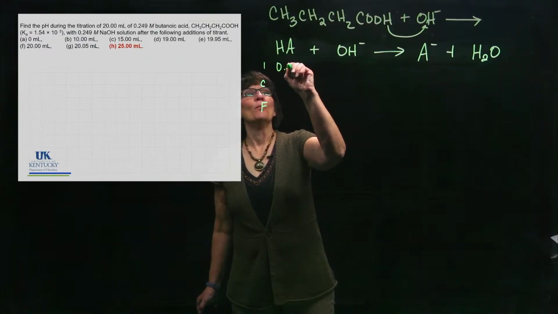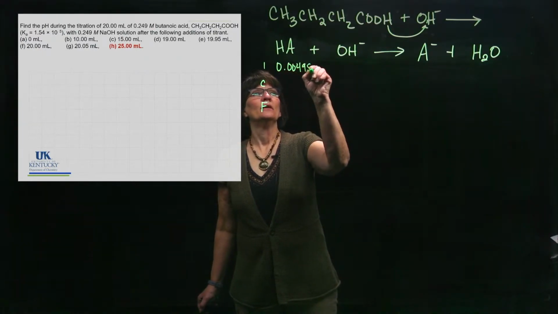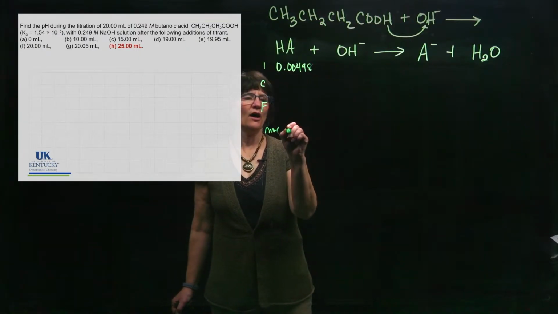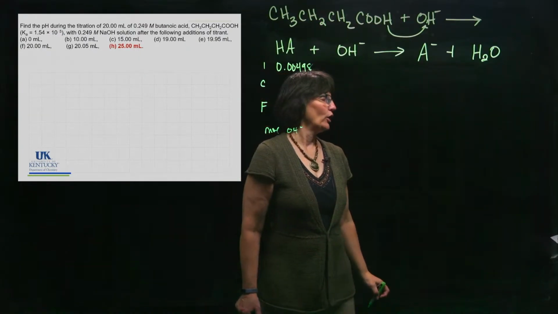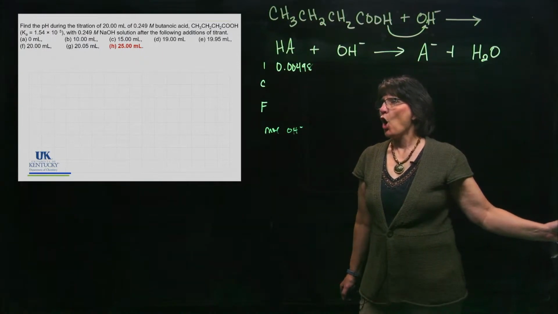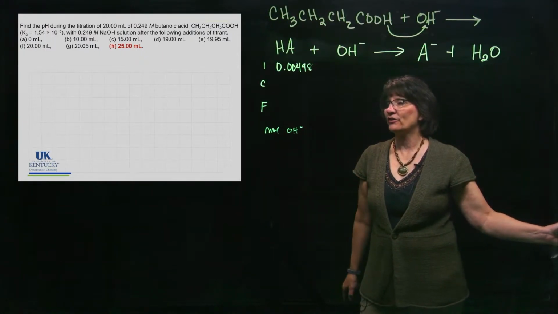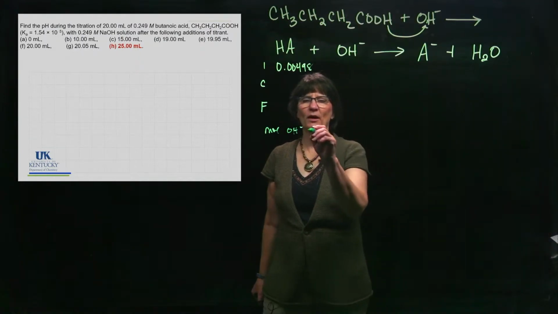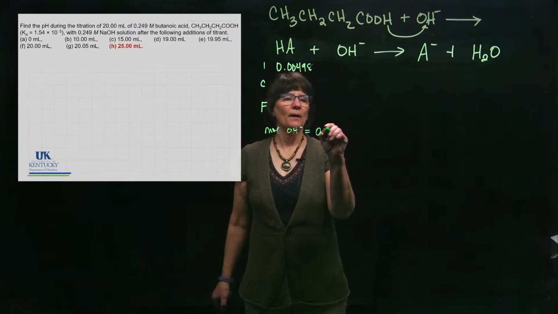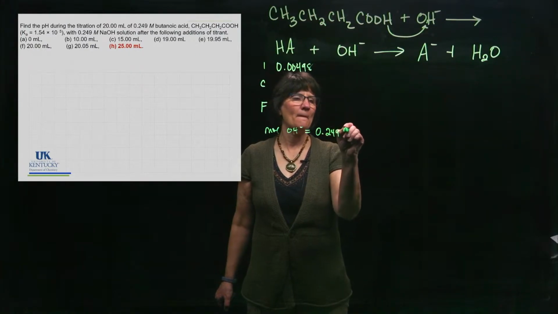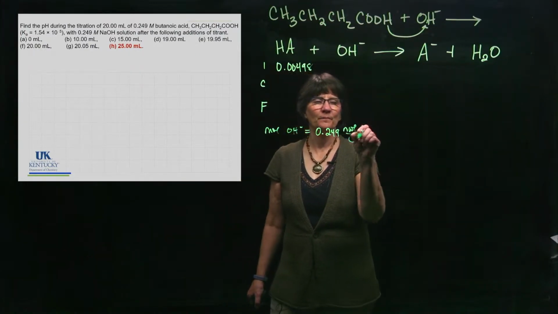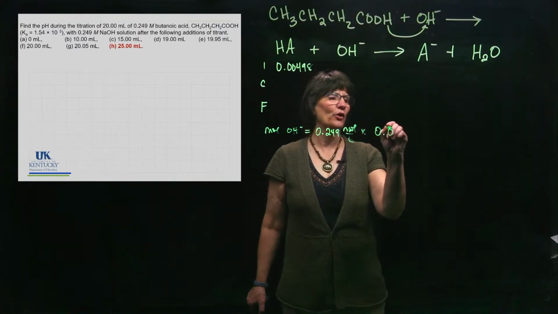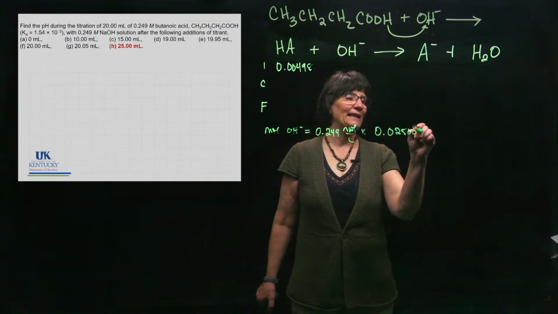So we have our moles here for the acid. To get the moles of the hydroxide, we look at the information that they gave me on the sodium hydroxide. So we take the molarity times the volume of that sodium hydroxide. 0.249 moles per liter times the number of liters, in this case it's 25 milliliters or 0.025 liters.